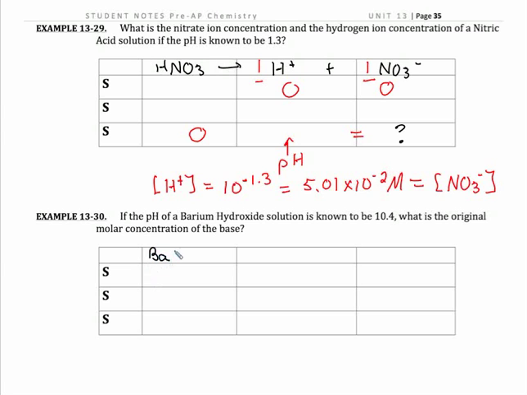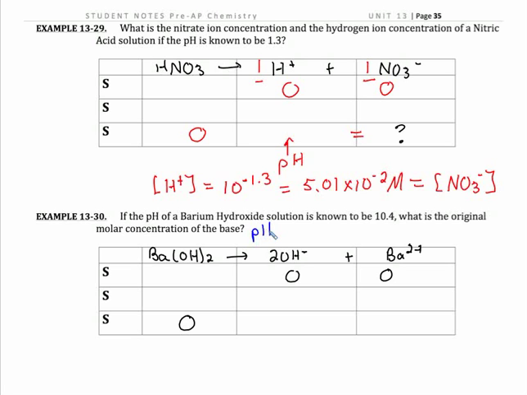All right, the next one is barium hydroxide. It's a group 2 hydroxide. It's one of the few times we'll see a mole ratio that's not 1-to-1. All right, remember that's a 0, that's a 0, and that's a 0. Okay, now pH gets me to H plus, but H plus isn't showing up anywhere on this chart.